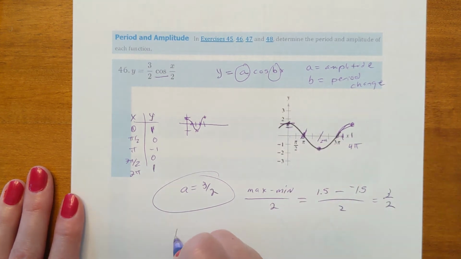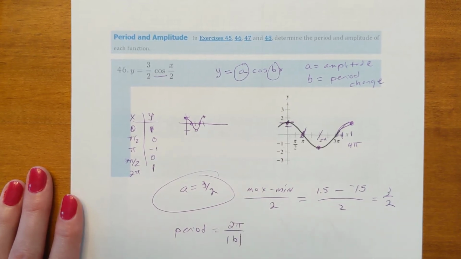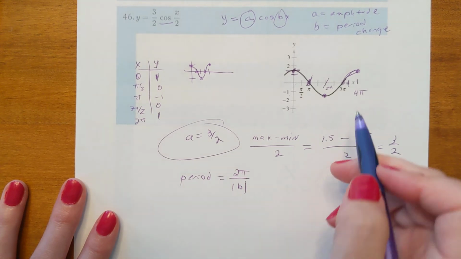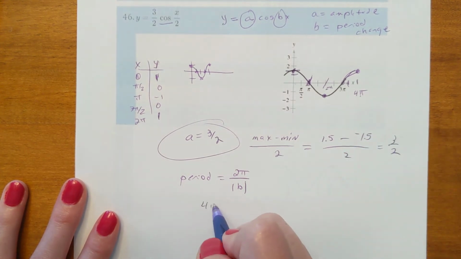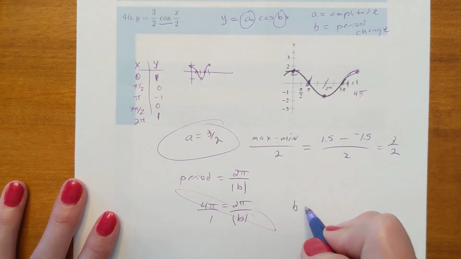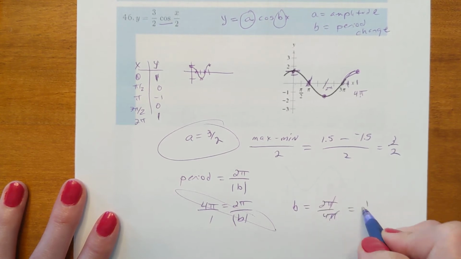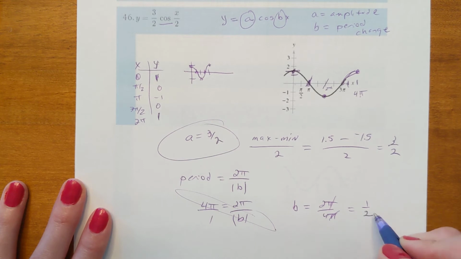So what we're going to have to use is the formula to convert it. Knowing that the period of sine and cosine is usually 2 pi, the b value changes it. And again, the period on this one was 4 pi. So I'm going to flip these, because you can do that when you solve for proportions. So b equals 2 pi over 4 pi. So you get b is equal to 1/2. Well, no, what did I do?